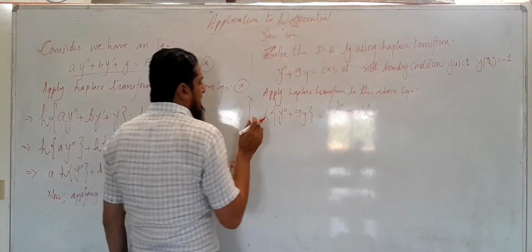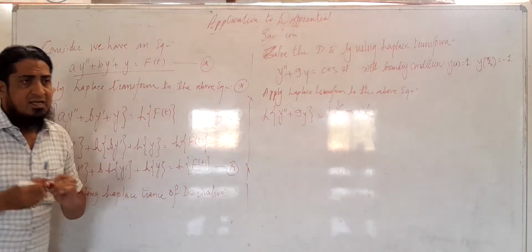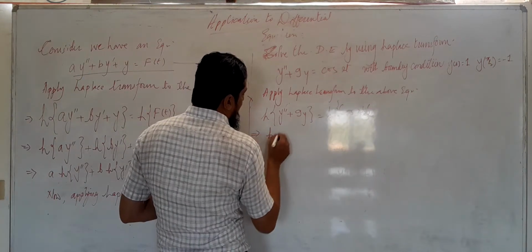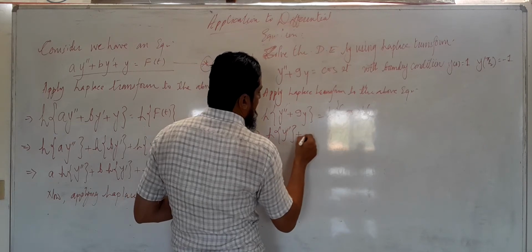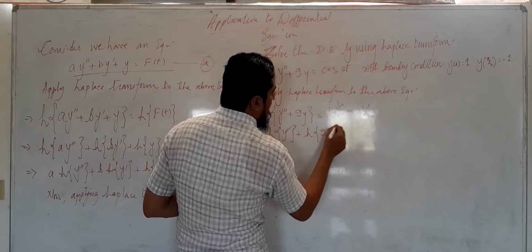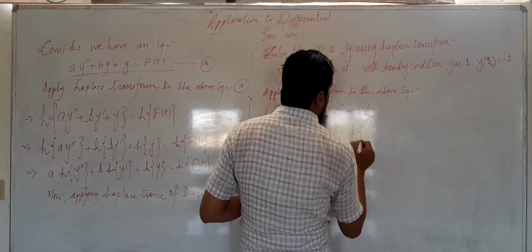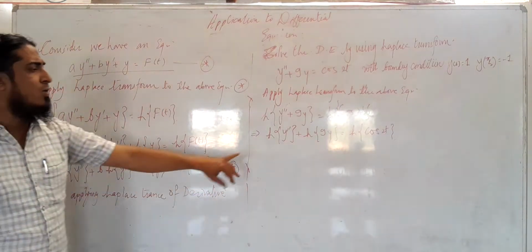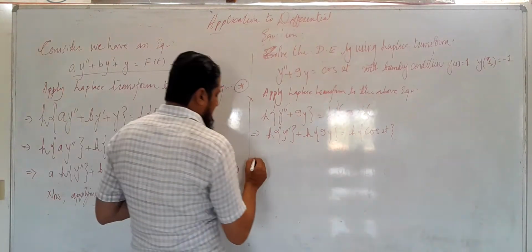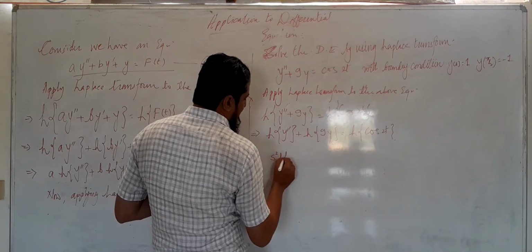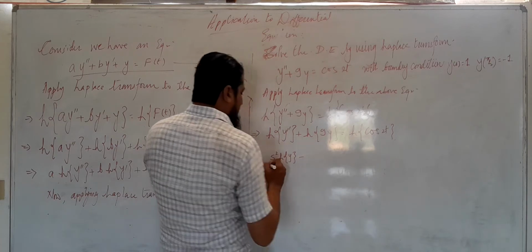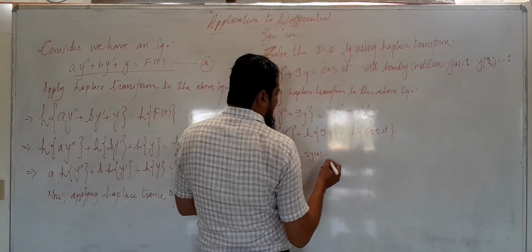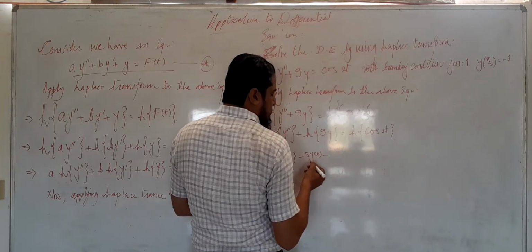Now since Laplace transform satisfies the linearity property, we can distribute the operator over both expressions. Now since here we have y double dash, we can write it as s square Laplace transform of y, minus s y of 0 reduced by 1, minus y dash of 0, s raised to 0, there is no need to write s.